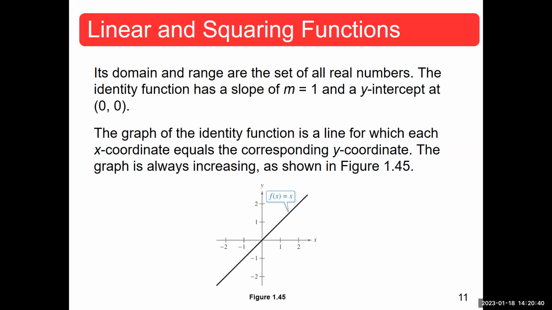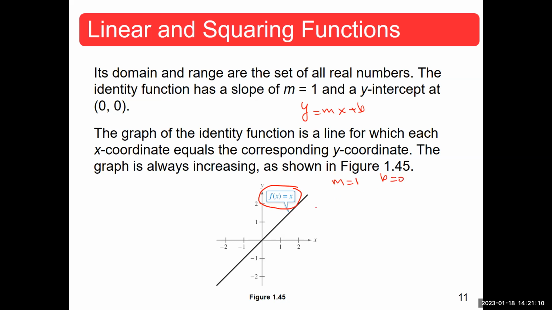The first one is f(x) equals x. That's the simplest line equation. So remember, the line equation was y equals mx plus b. Here, for this problem, m is equal to 1, b equals 0.